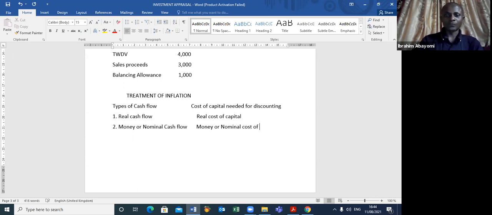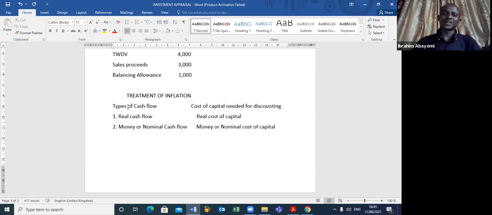That is a principle. So what am I doing here? I'm discounting real cash flow using real cost of capital, and I'm discounting money or nominal cash flow using money or nominal cost of capital.